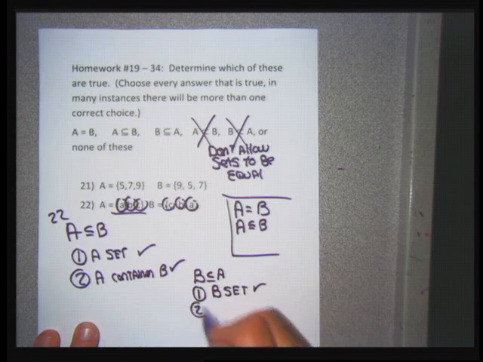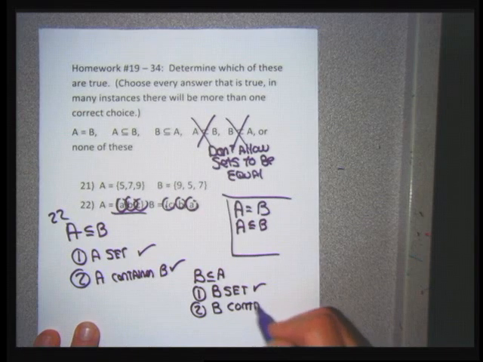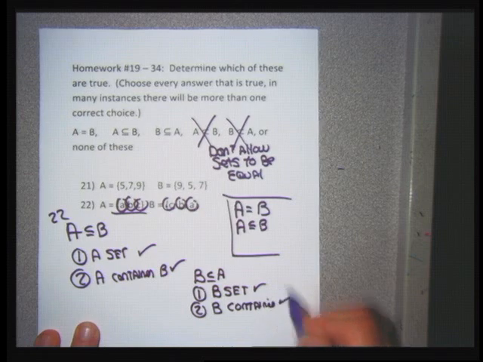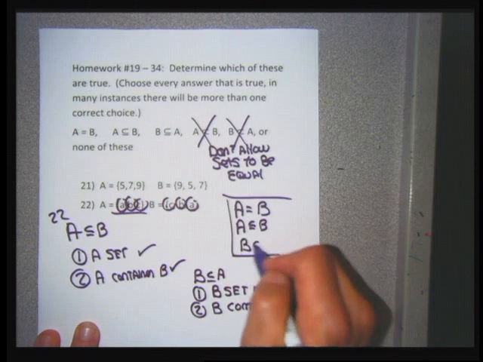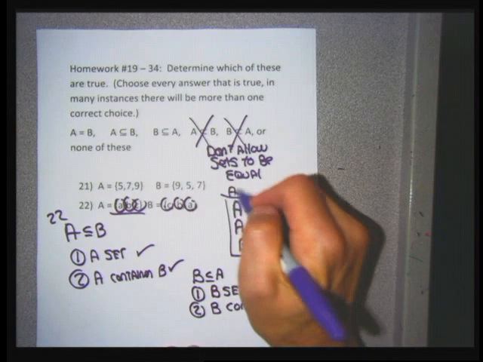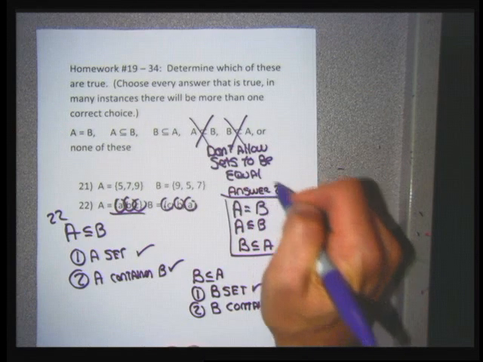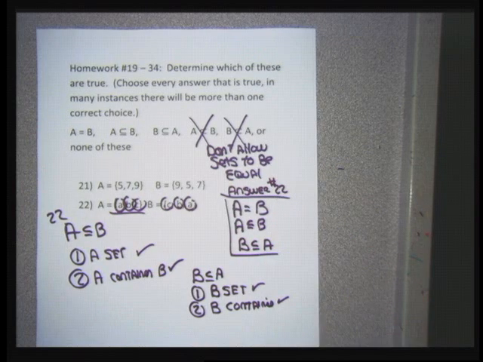And number two, B has to be contained in A. B has A, B, and C. A has A, B, and C, and is contained in A, so that's a true statement as well. So the three symbols for problem 22 that are true are A is equal to B, A is a subset of B, and B is a subset of A. The proper subset ones won't be true because proper subsets don't let equality happen.